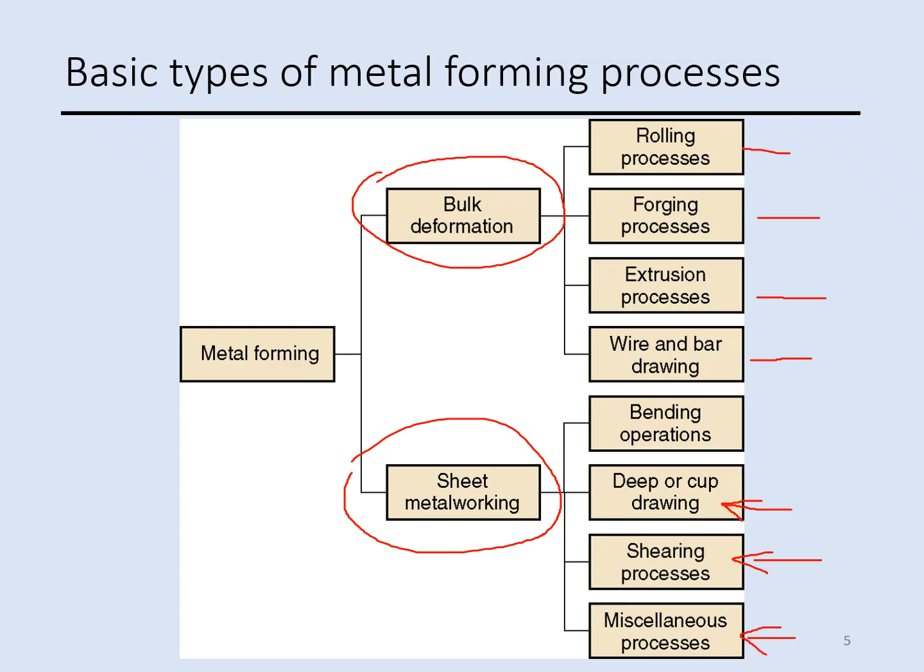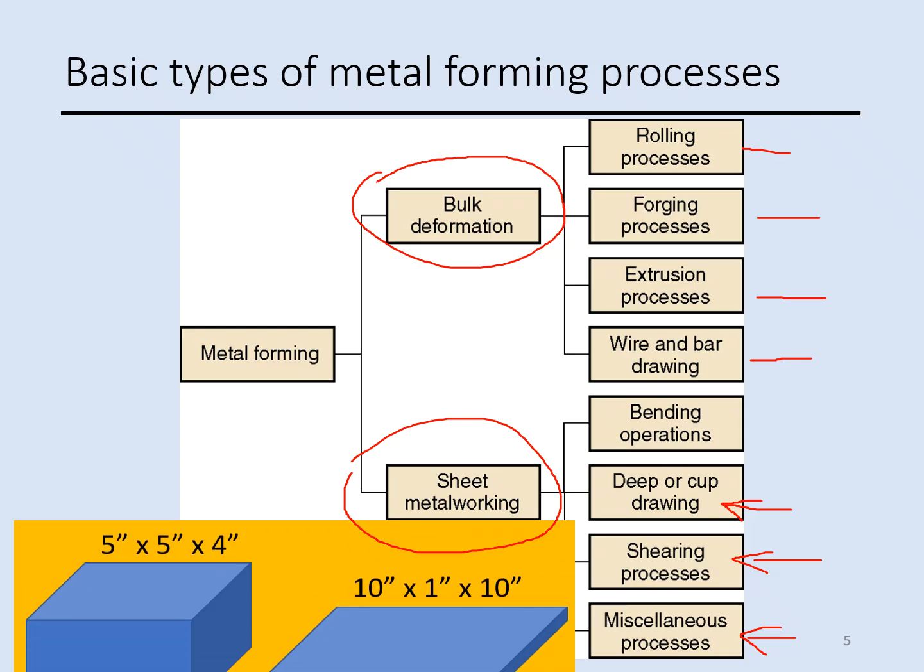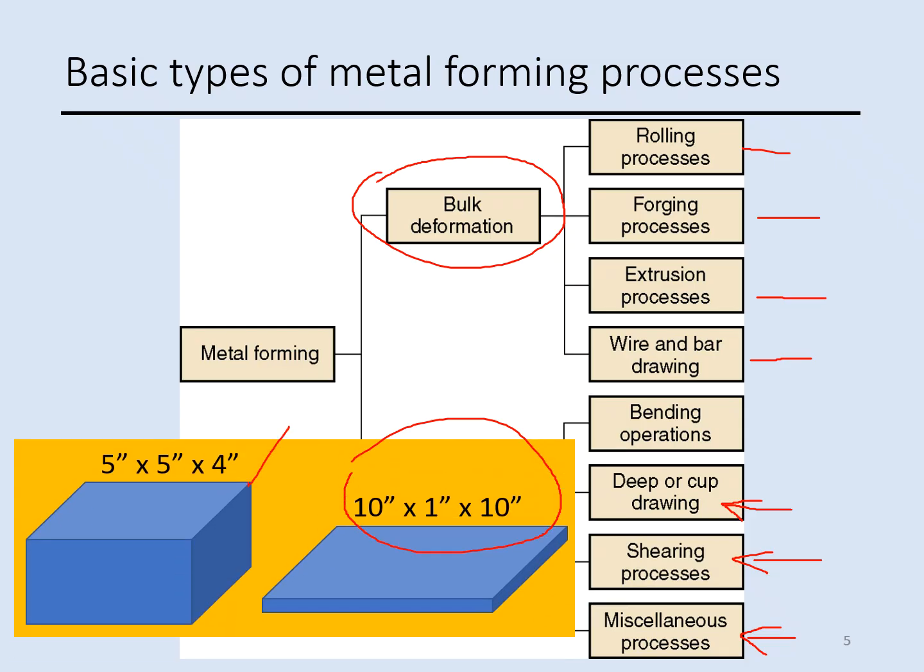But what is bulk deformation? Bulk deformation generally means that we have significant deformation and massive shape changes, and the surface area to volume ratio of the work is relatively small. Let's look at this example here. We want to see surface over volume.